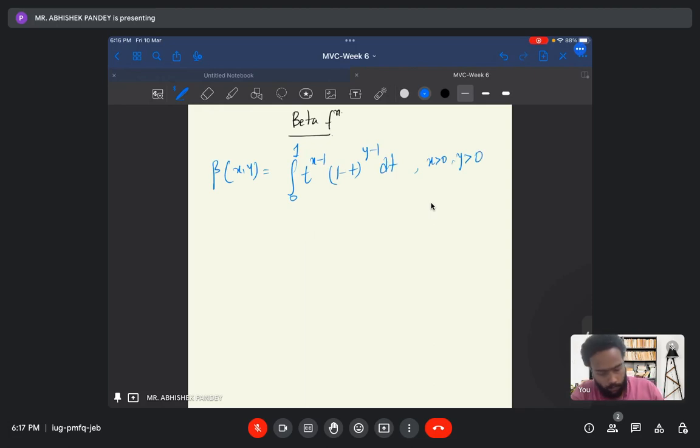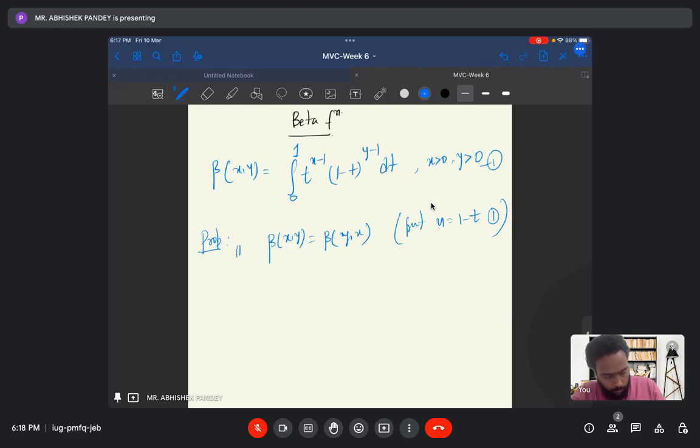Some of the properties: this is a symmetric property, beta of x comma y equals beta of y comma x. The hint is to put u equals 1 minus t in the definition.